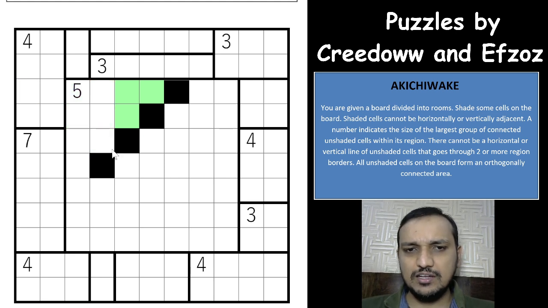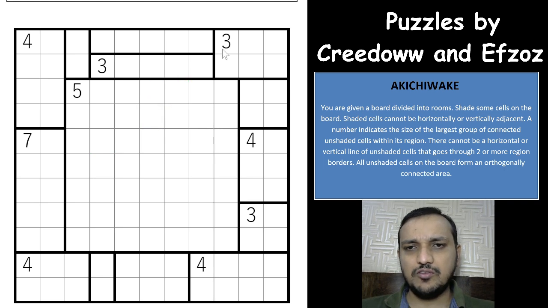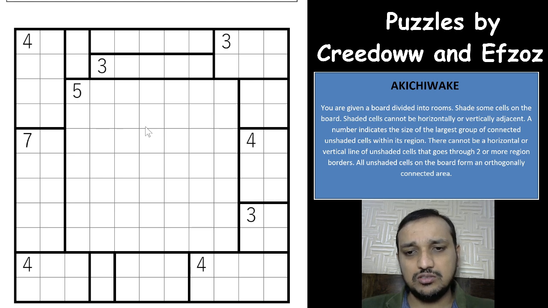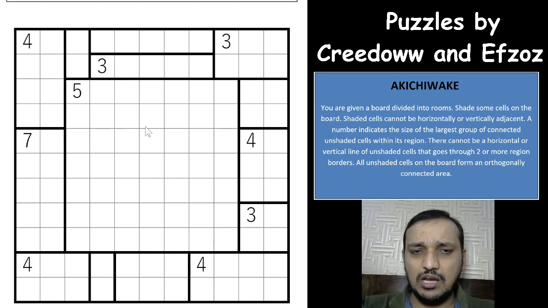So a group of 5 unshaded cells is the maximum that you can achieve in this region. In the same way for this 3, you will have a group of maximum 3 unshaded cells, not more than that. You can have any number of groups of unshaded cells of the size indicated by the number. So if you have a 5, you can have any number of groups of 5 unshaded cells, that's not an issue. But you cannot have any group of unshaded cells more than 5, right?